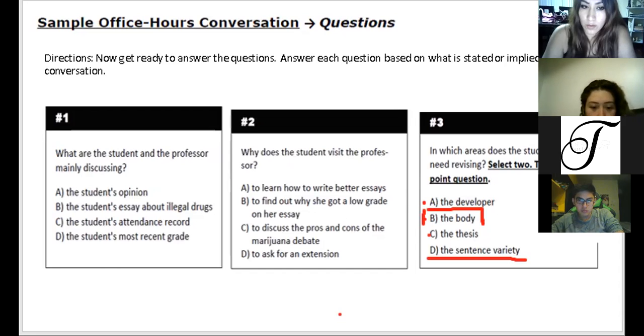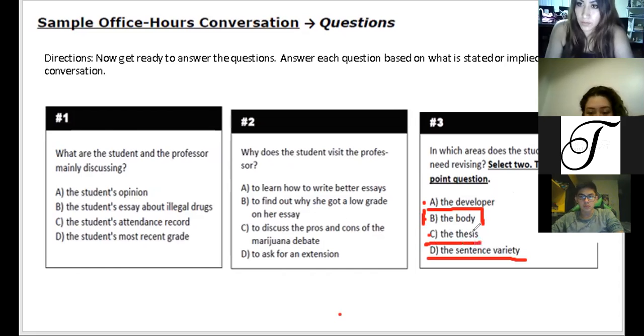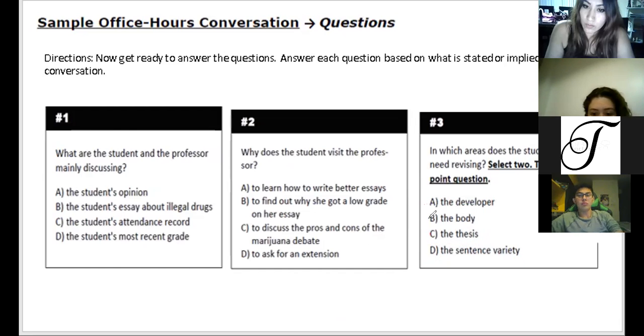So not only for the one choice, for development, it means all the part of the examples, that is, example 1, example 2, getting similar to example 3. And the thesis, if you remember in the part it says like, yeah, you are scratching the surface. So you need to increase what the thesis or what is the idea that is supporting here. So the correct answers here are B and C.